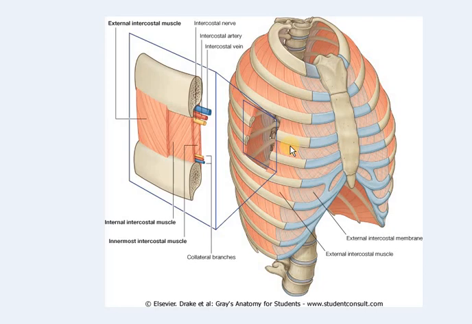So these are the 5 muscles in the thoracic wall, and out of these 5, the first 3, that is the external intercostal muscle, internal intercostal muscle, and innermost intercostal muscle, are called the intercostal muscles. So there are 3 intercostal muscles in the thoracic wall.